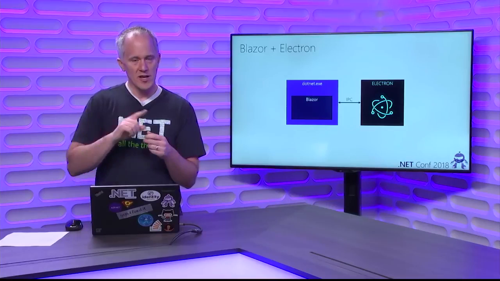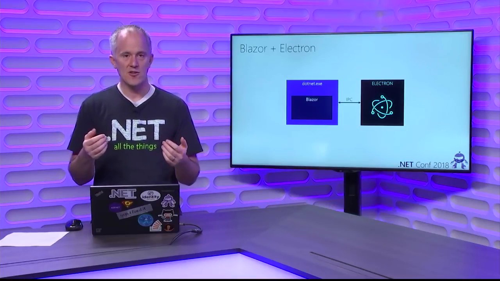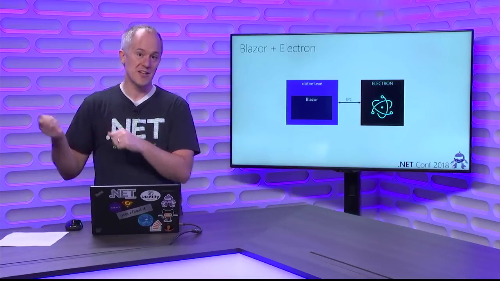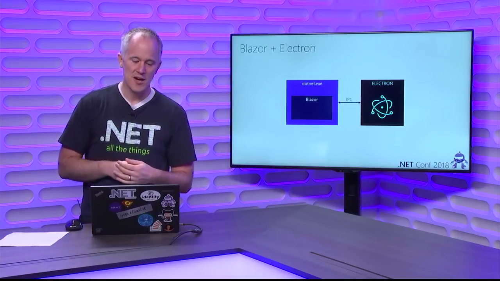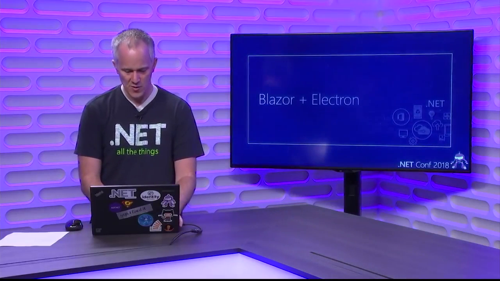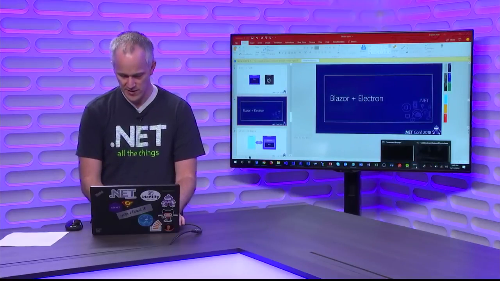And then we communicate with Electron over an IPC channel so that we can handle the UI events from the browser and then push back the DOM diffs to update the DOM in the browser. So let's take a quick look at what that looks like today. This is just a prototype proof of concept, but it's fun to play with.